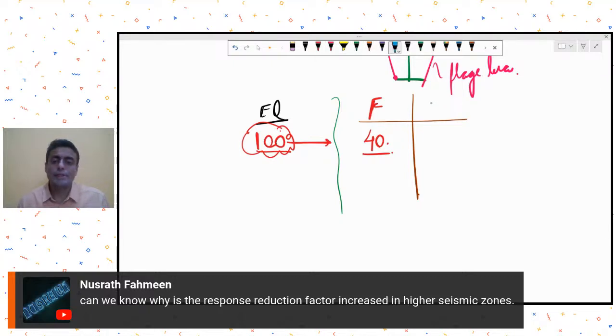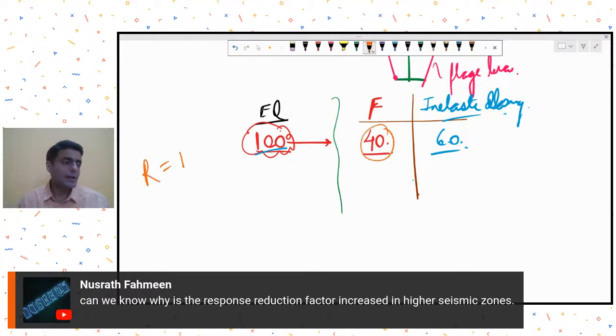For the remaining 60, I will say that it will cause inelastic damages, because that is a very good way of energy dissipation. So I'll say that for 60, inelastic damages will occur. So I say that 100 units of force were acting, but I only designed it for 40.